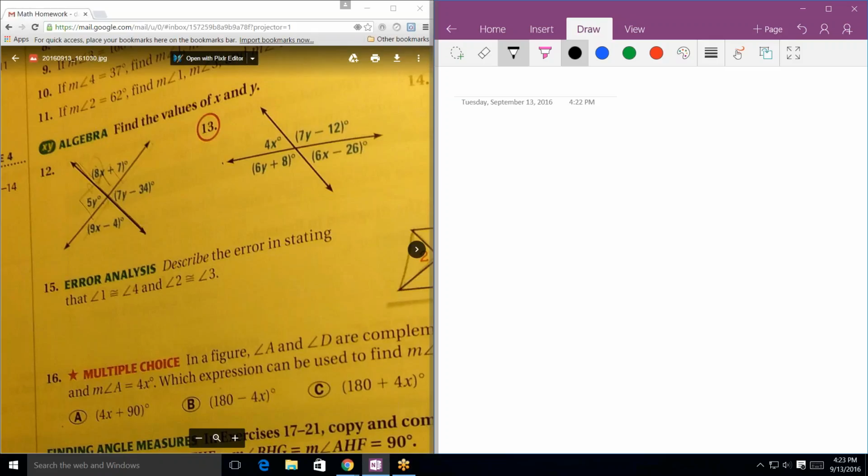Geometry is all about getting to a point where you can write an equation and solve it. Just remember that. Isn't that algebra though? That is algebra, but half of geometry is algebra. Algebra is the basis for everything you do in math.